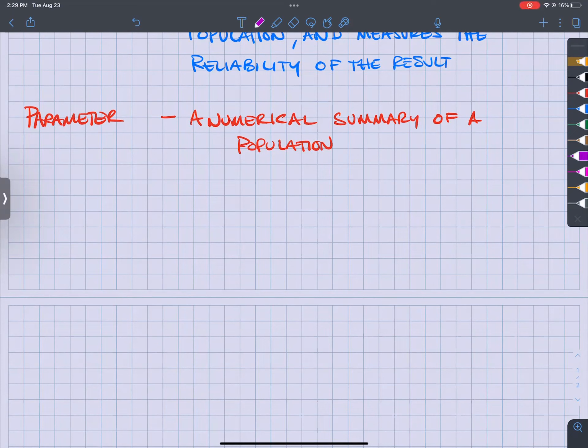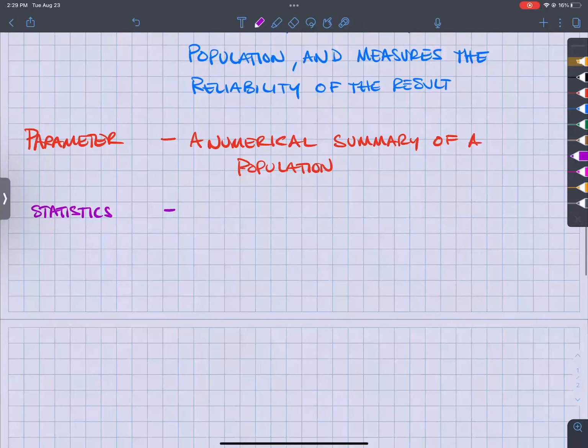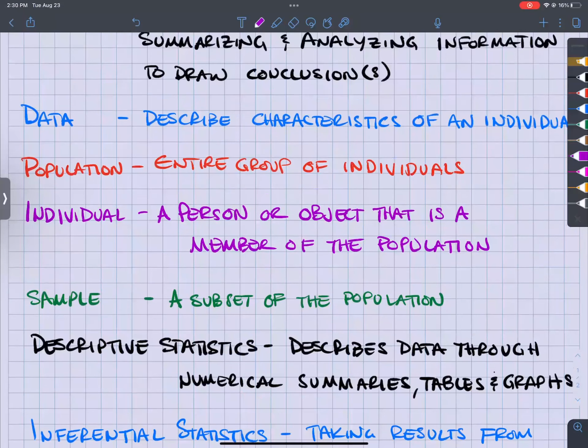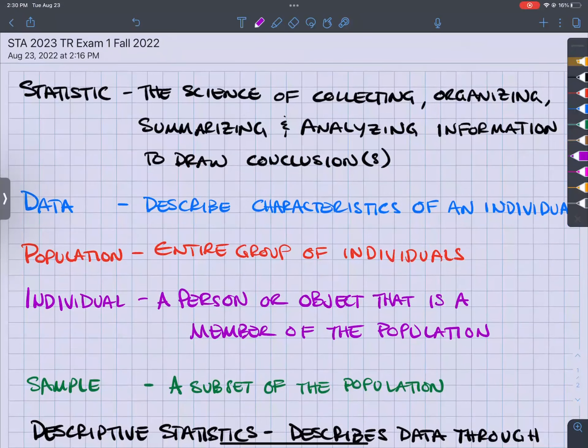Now, I want to show you guys the difference of that with statistics here. Because the thing of it is that I gave you a definition of statistics up here, right? It says the science of collecting, organizing, summarizing, analyzing information to draw conclusions.